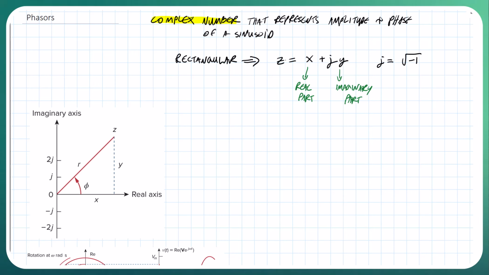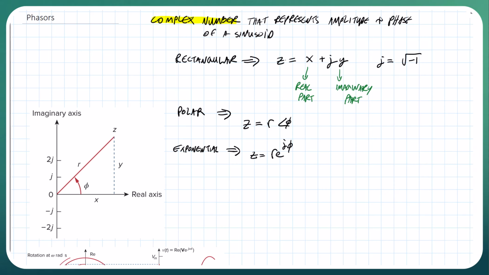We could also define this in polar or exponential form. In polar form, z equals r angle phi, or in exponential form, z equals r e to the j phi.